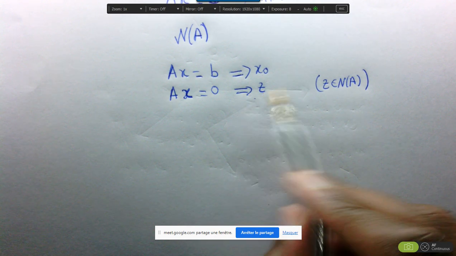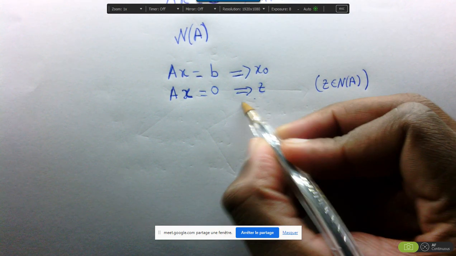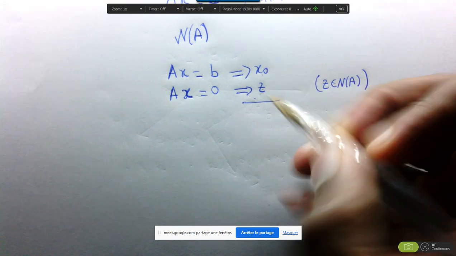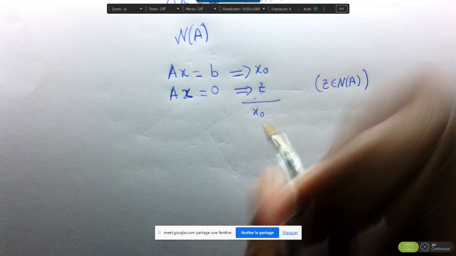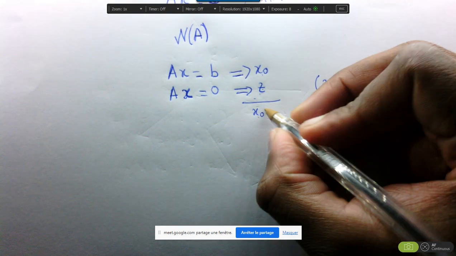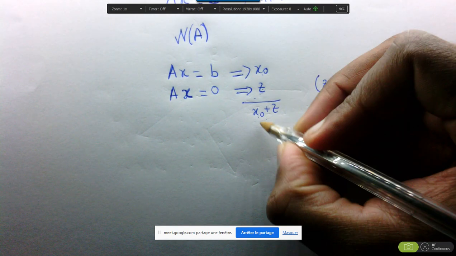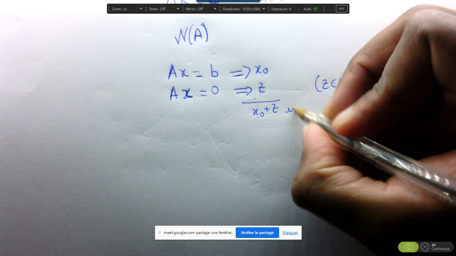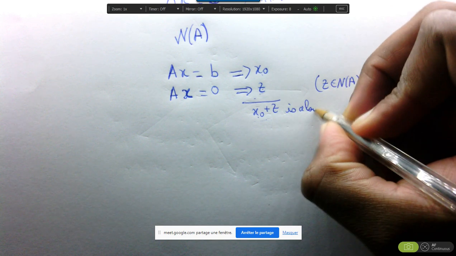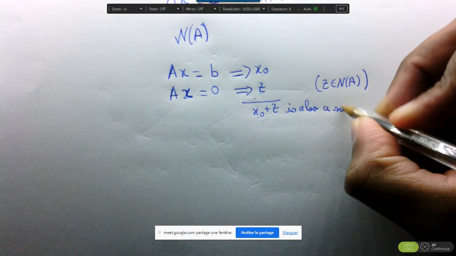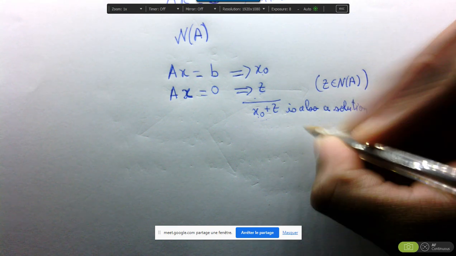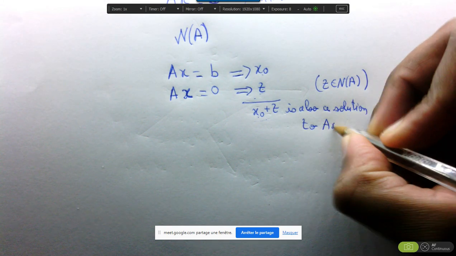Z belongs to the null space of A. So if I add these two, I obtain a new solution x0 plus z, and that new solution that I found, x0 plus z, is also a solution to Ax equals b.